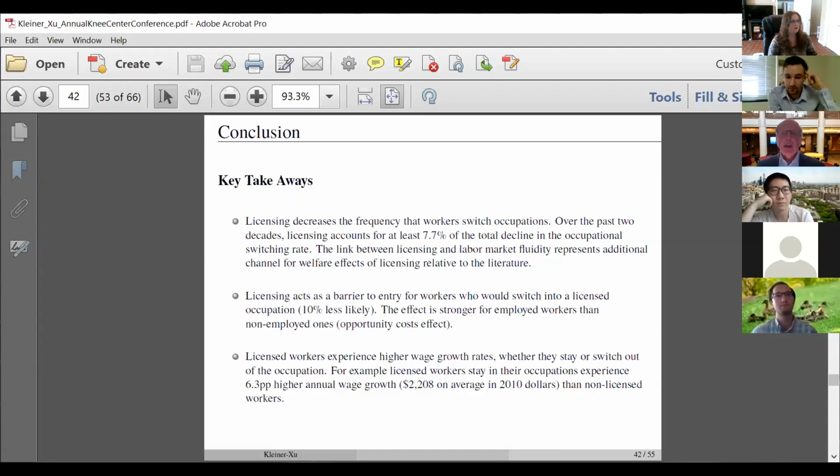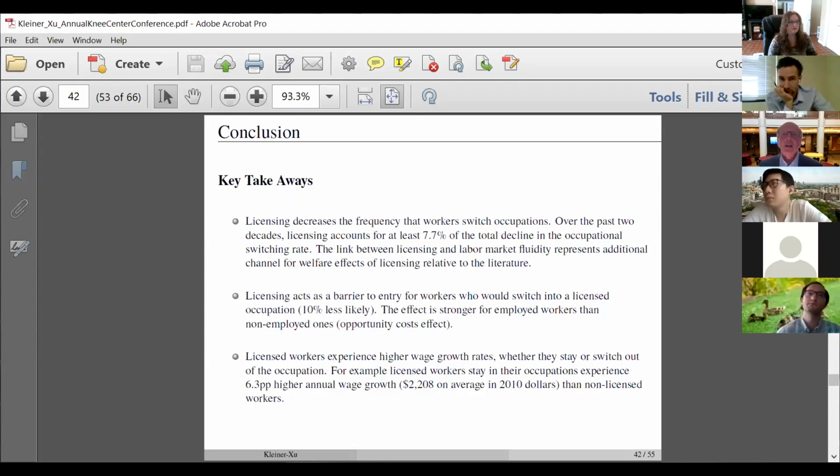The link between licensing and labor market fluidity represents an additional channel for welfare effects of licensing, relative to the literature, which estimates a welfare cost of about 12% of a decline within licensed occupations, at least the overall welfare costs of occupational licensing in terms of employment loss relative to what people are willing to pay for licensed workers.